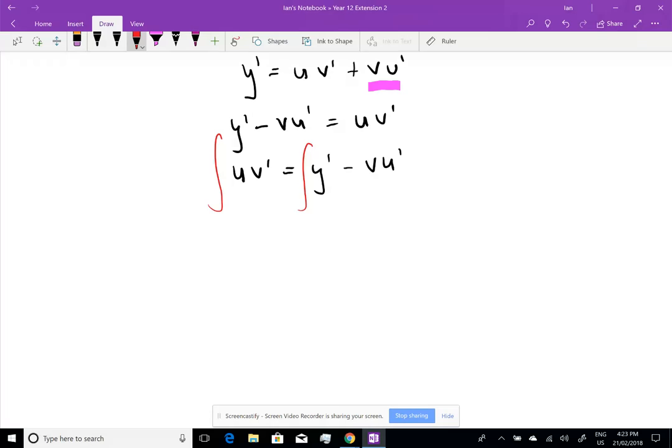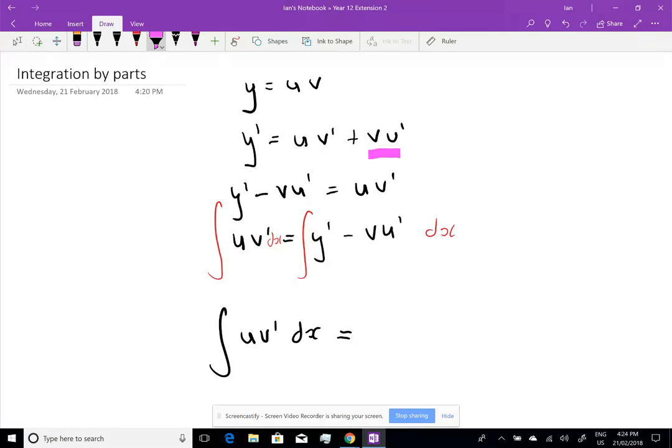So now if I integrate that, and I go with respect to x, by the way, with respect to x, I'm going to have the integral of u v dash dx equals, well, the integral of y dash is just going to be what it was originally.